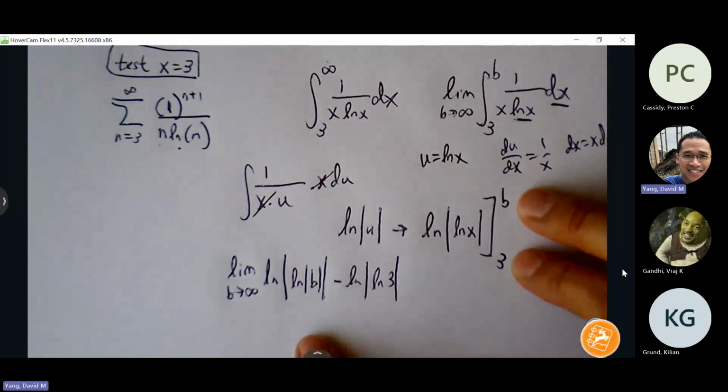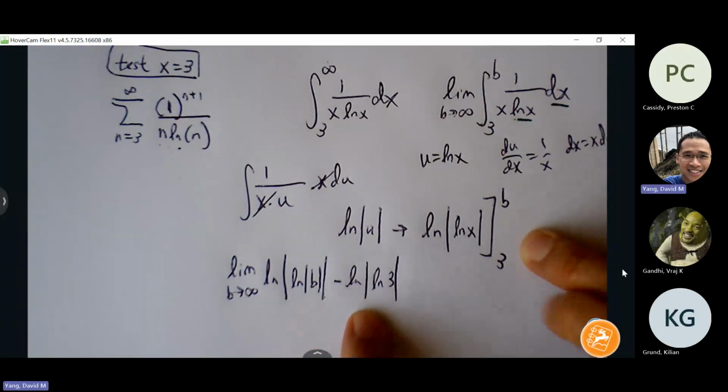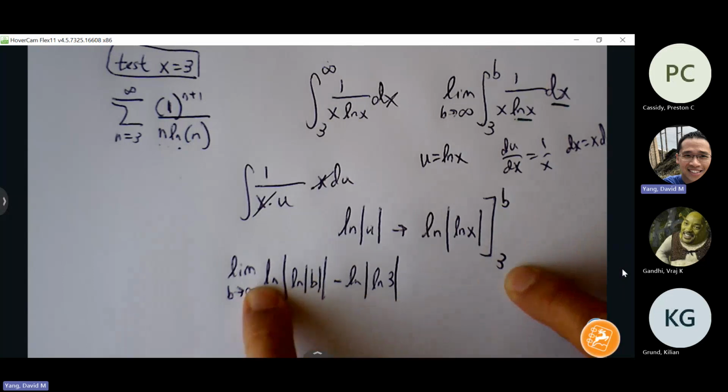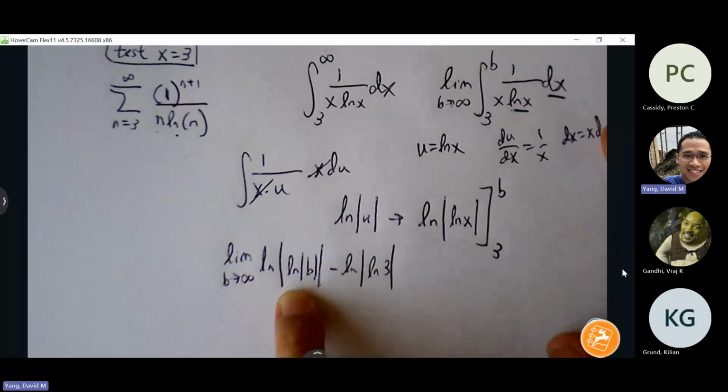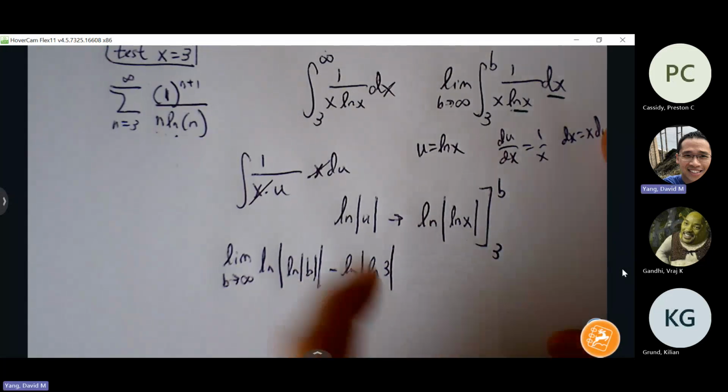So we evaluate the upper and lower bound, natural log of b minus natural log of 3. And if I replace b with infinity, this is going out to infinity. This is going to diverge.